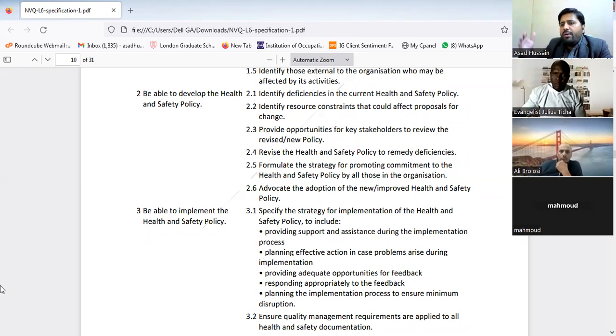So this is the older version of the policy, and this is the updated version. I can understand that in a day or two, or in a week, you can't update a health and safety policy. But here we are discussing that in the development of a health and safety policy, you should know what you have to do, how to identify the deficiencies and how to remove them.